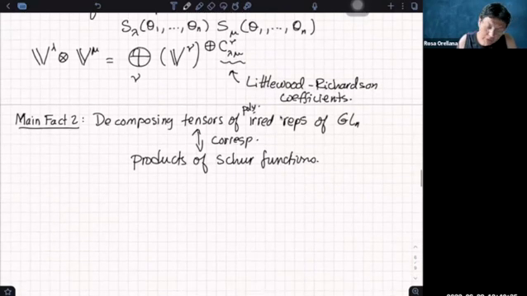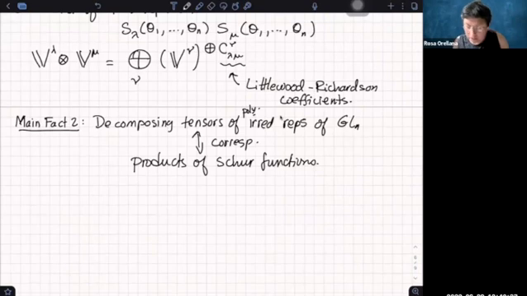And there is a rule to compute it, the Littlewood-Richardson rule.